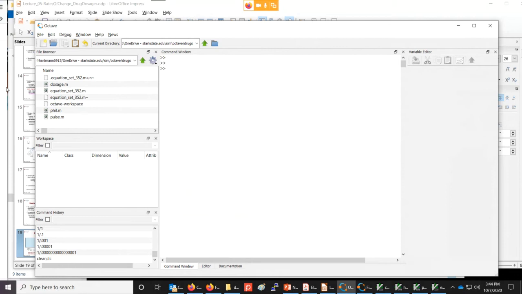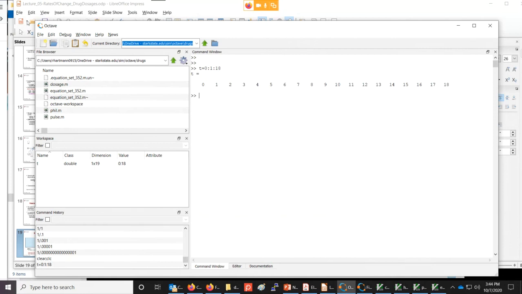All right, so if we create a time vector, say from 0 to 18, here's my time vector. And now I'm going to create a pulse which is equal to zeros the size of t.